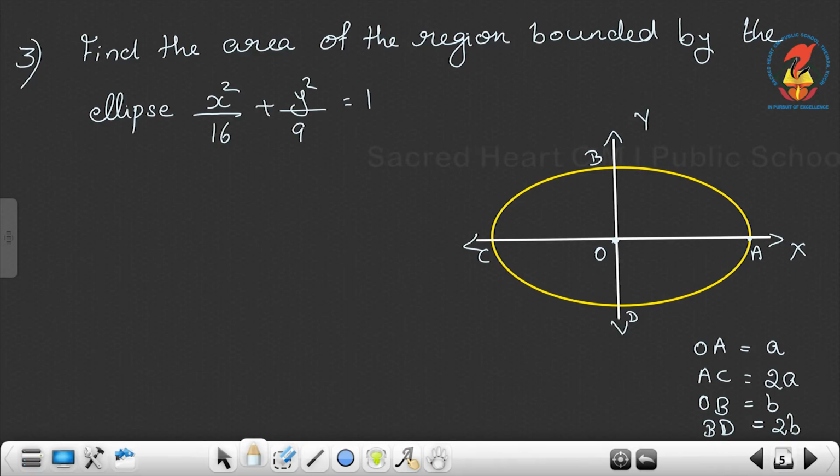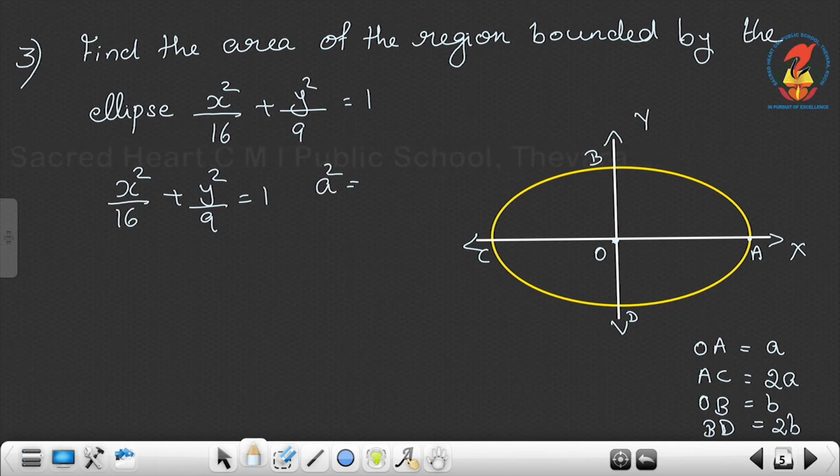So the equation is x square by 16 plus y square by 9 is equal to 1. So what is a square? 16, b square equal to 9. So a I can write as 4. a is the length of semi-major axis, so positive is enough. b is equal to 3.